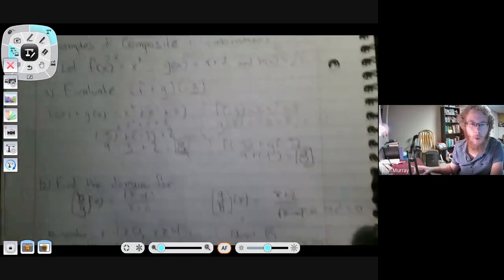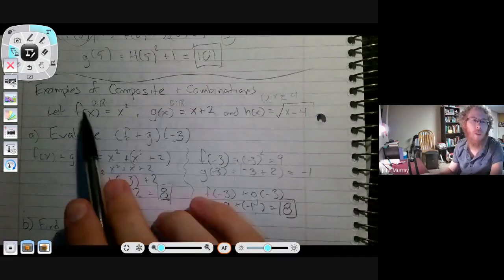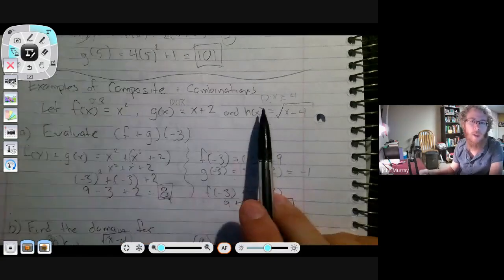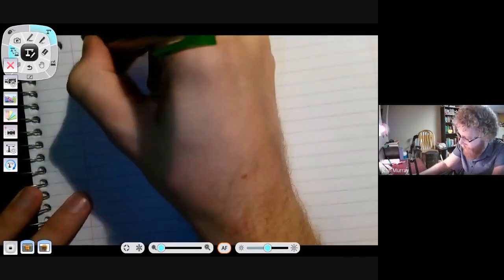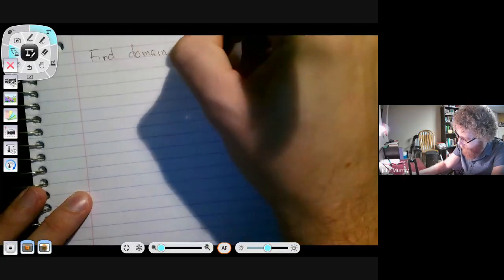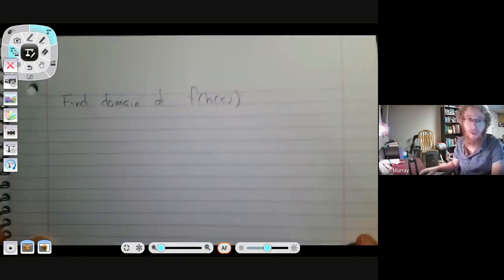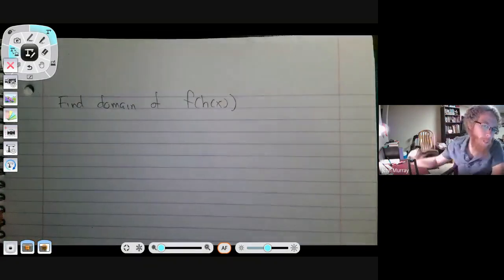Now, I'm going to show you one more example, okay, with composite. All right, so I'm going to use f of x and h of x. I'm going to flip over here. I ran out of room. Okay, so we're going to find the domain of a composite function.